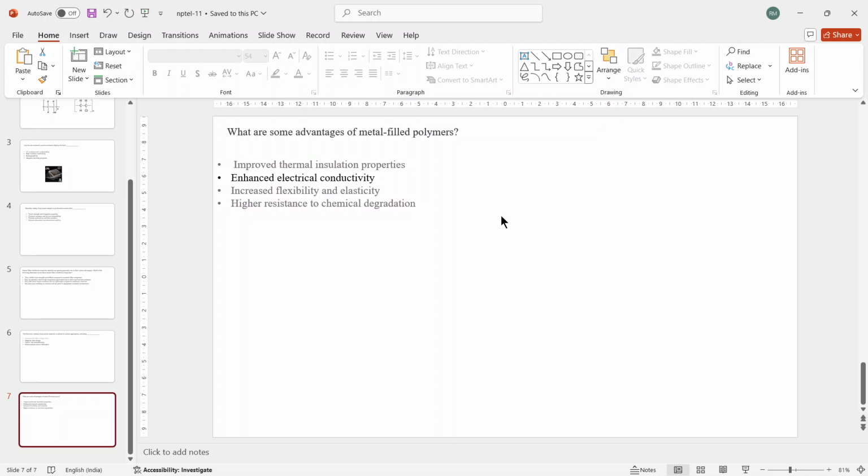Then higher resistance to chemical degradation. That is subjective since the polymer and metal compound itself won't exactly have higher resistance to chemical degradation compared to the base polymer itself. So enhanced electrical conductivity is the only advantage of the metal filled polymers.